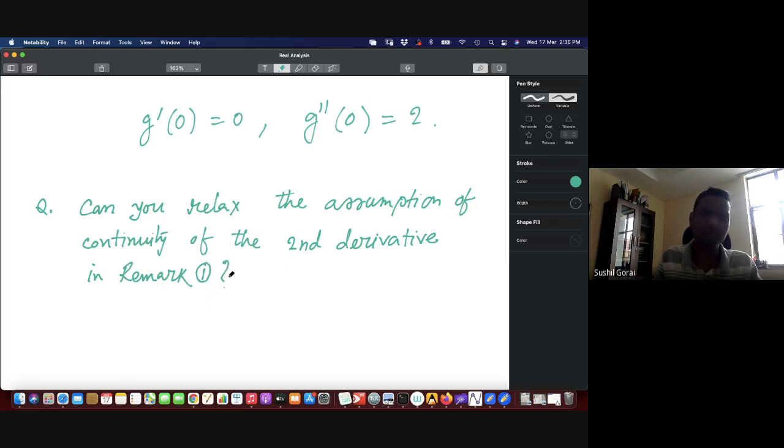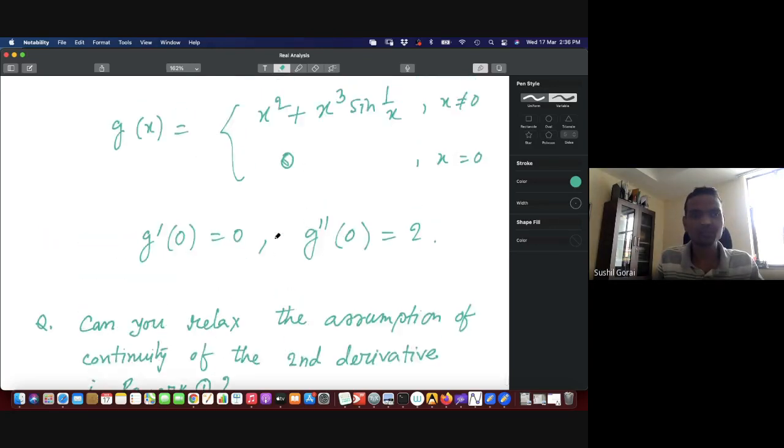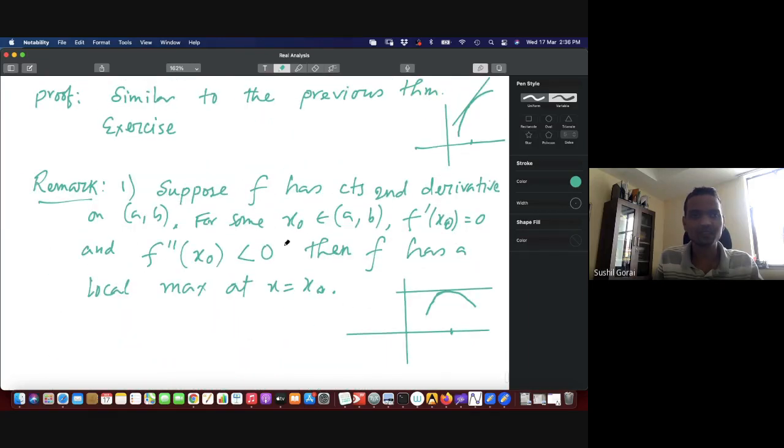Which means, can you relax the continuity of the second derivative and still get the result, or do you have a counterexample where f doesn't have continuous second derivative at x naught, let's say, but f prime x naught is 0, f double prime x naught is less than 0, but f does not have any local max.